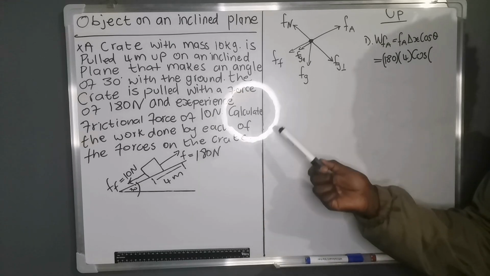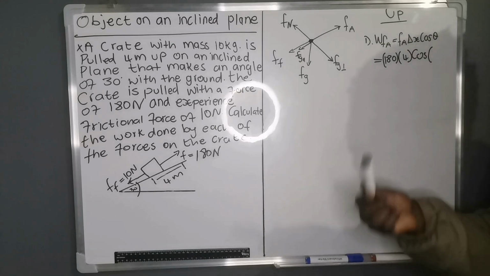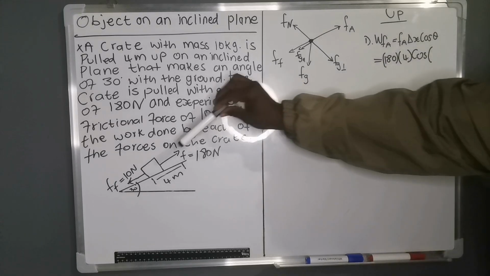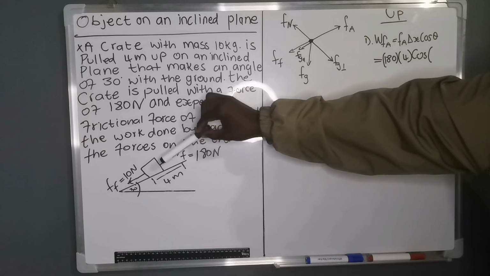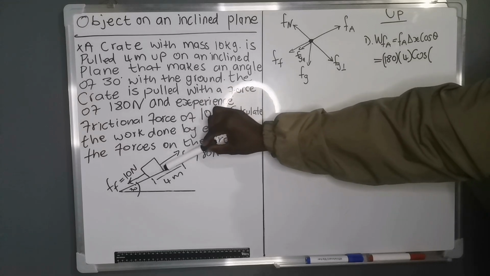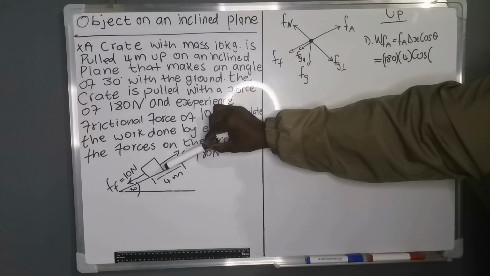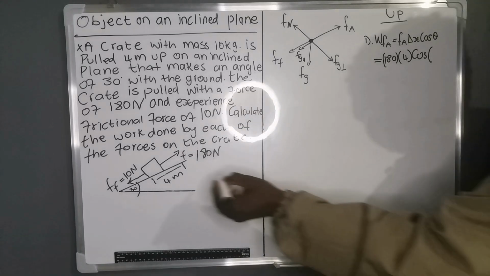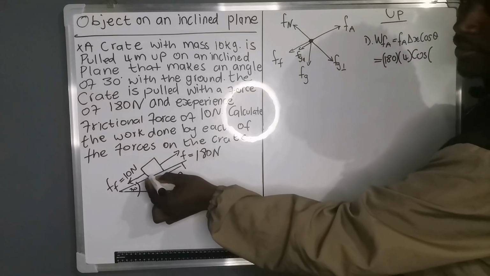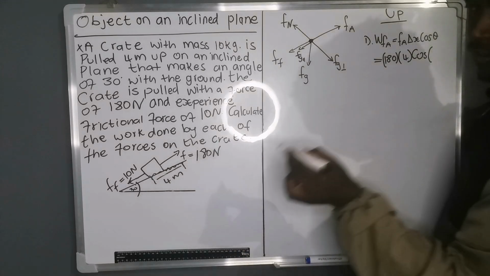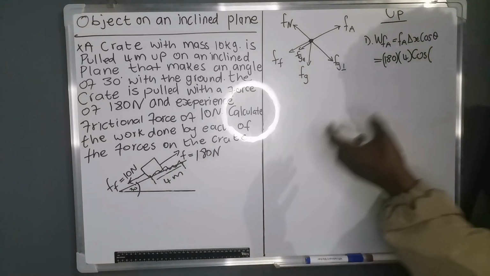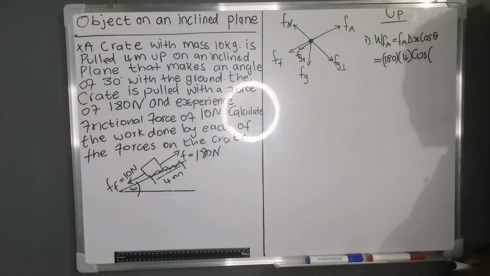You put your pen where the force is directed and where the displacement is directed. The angle between the applied force and our displacement is 0.